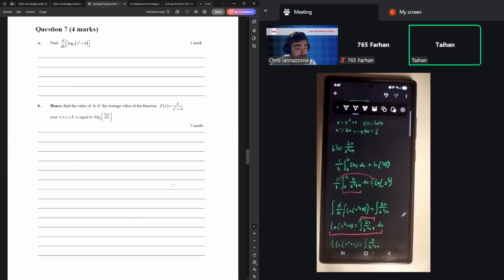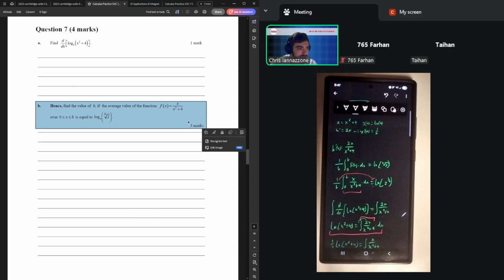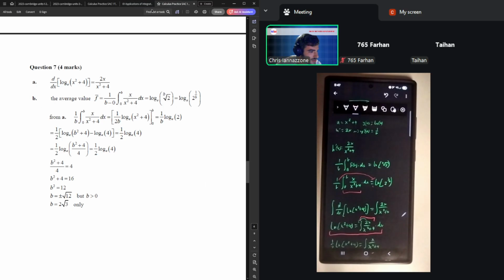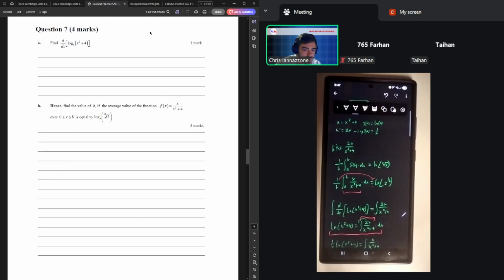A decent number of questions have multiple ways of getting there, which is why they'll often say hence or otherwise. This one didn't have it specifically, but this is also not exactly VCAA. This was from a different exam provider, so the wording might not be as tight, but a lot of the VCAA ones will say hence or otherwise because it implies that there are other ways of doing it, not necessarily leaning on your previous answers.